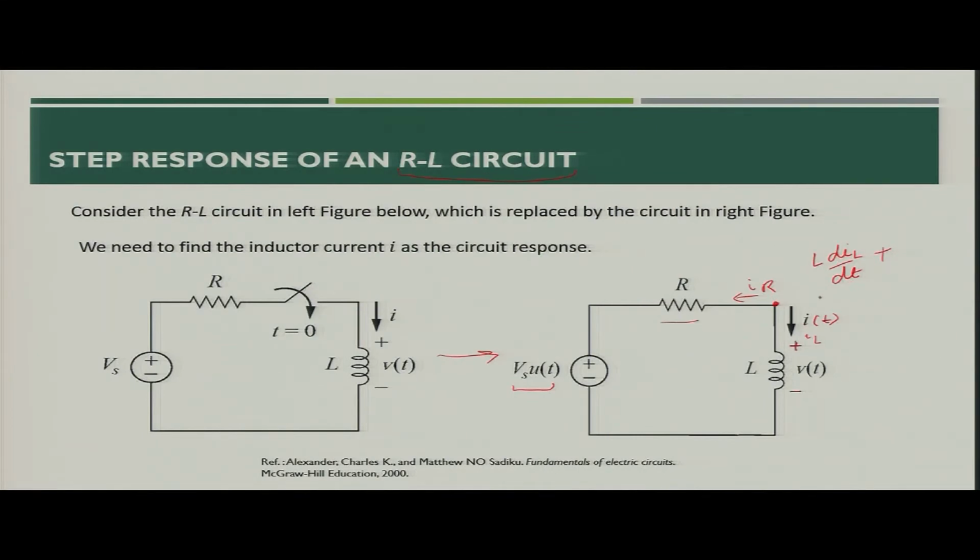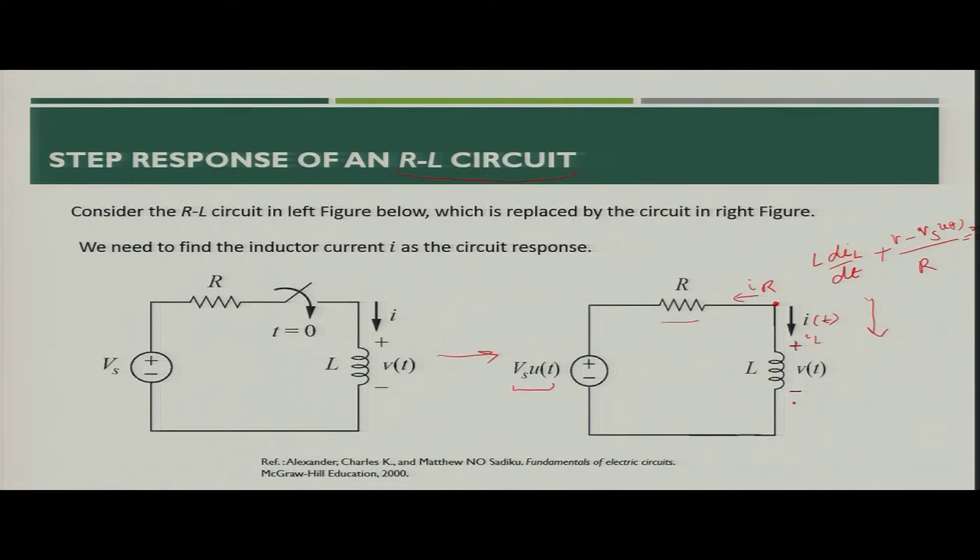So L di by dt plus, suppose this would be the voltage V, because the voltage across inductor L is V. So this will become (V minus Vs) divided by R equal to 0. So this would simply be the application of Kirchhoff's current law to the circuit.